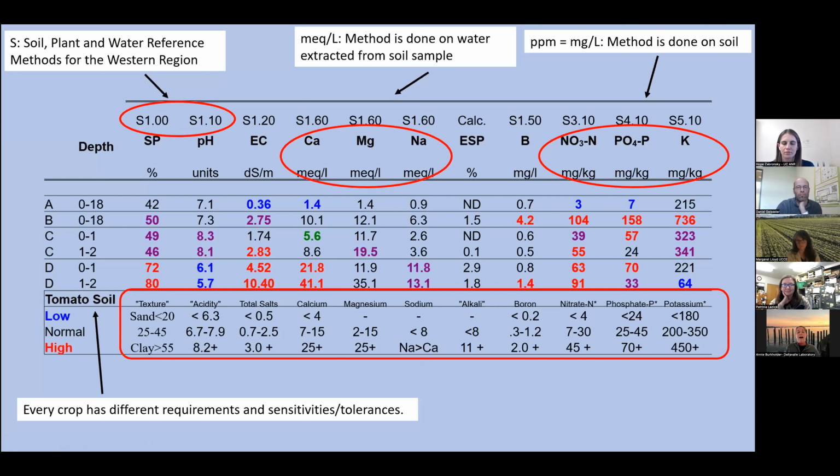So you could have 5 different crops, and we would just do 5 different pages with 5 different footers. And then the colorization would change too. For example, a boron of 1.4 may be very problematic for a citrus tree, but for a tomato, you'd be fine. So it's important to definitely have the right footer.